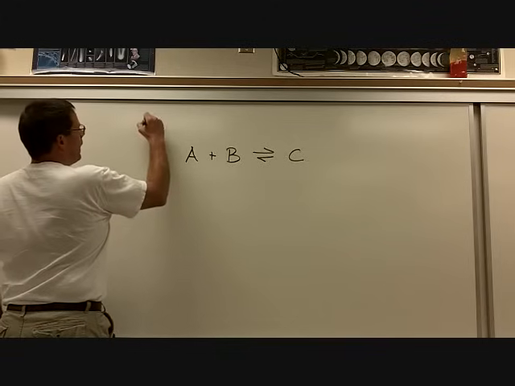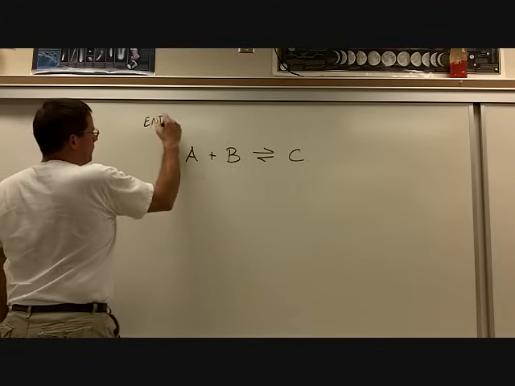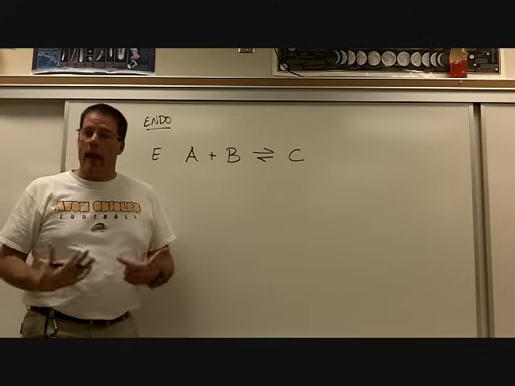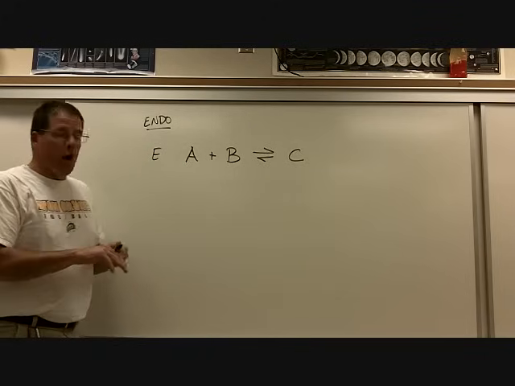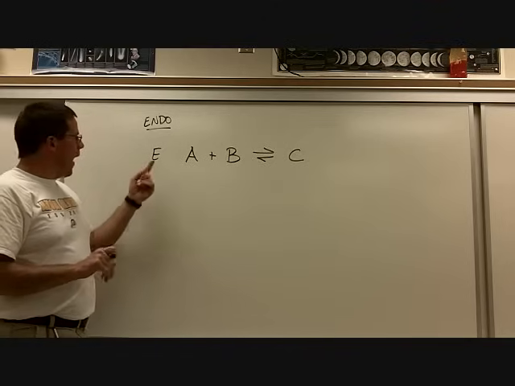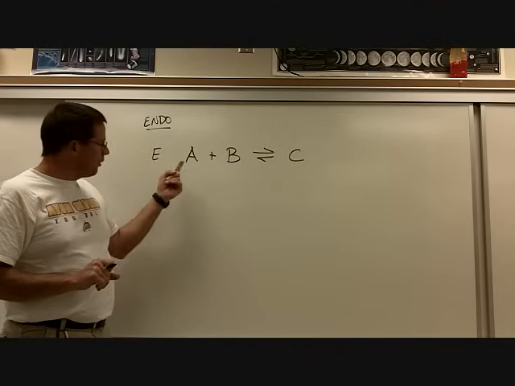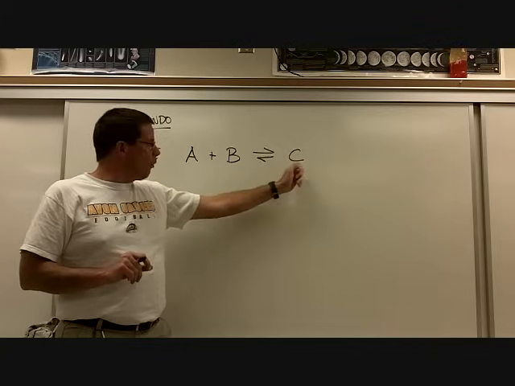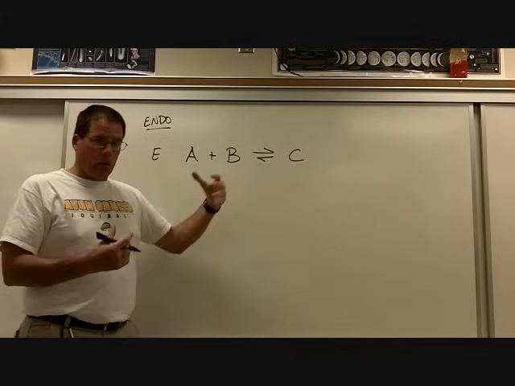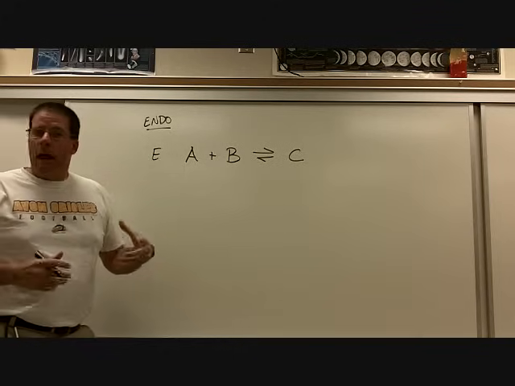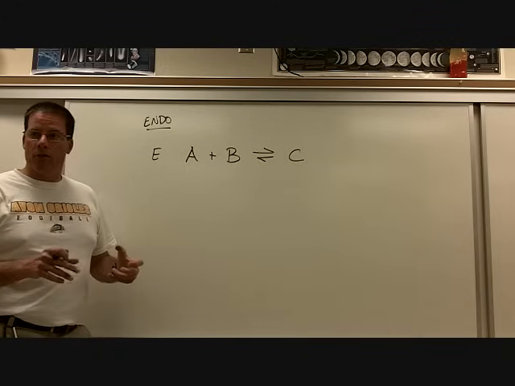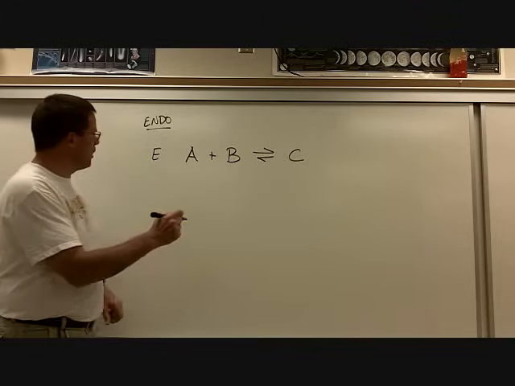So if we say that we're looking at an endothermic reaction, we can say that energy is acting as a reactant. Now, under normal conditions, if I add more energy to a system that's endothermic, the reaction is going to shift in a direction that will form more of C. Just like what we talked about with concentrations, as I add more stuff to the reaction, it shifts away from the addition.